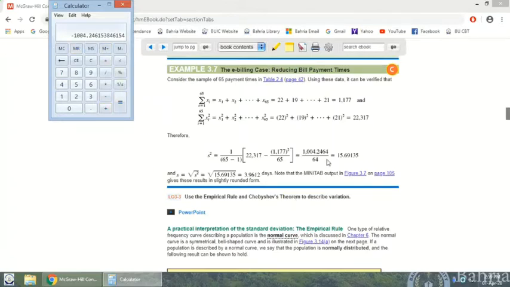And it gives you 1004.246. I'm just going to be removing the negative part from the number, and then you can simply divide it by 64 again. So you have 15.69, right?